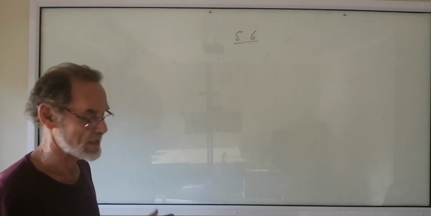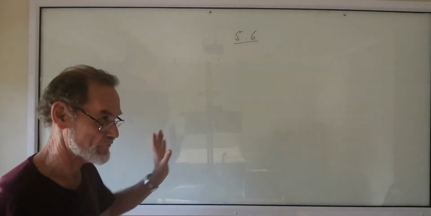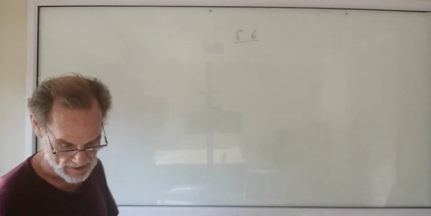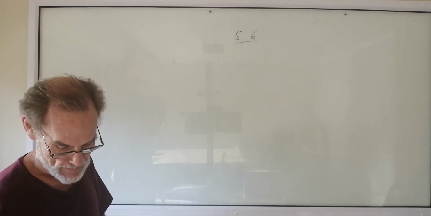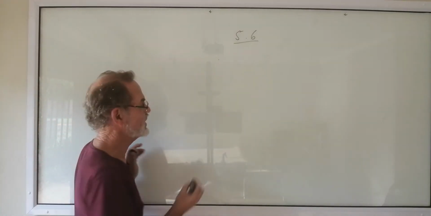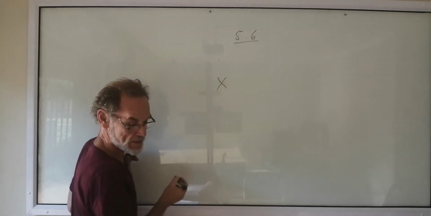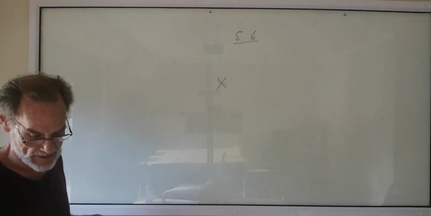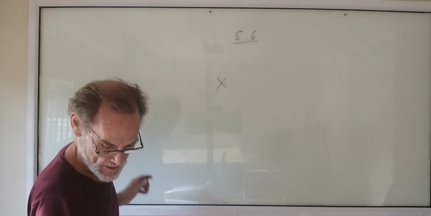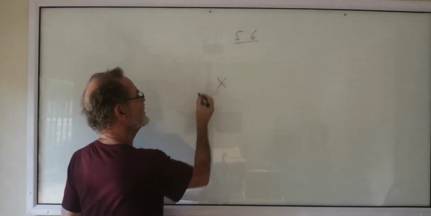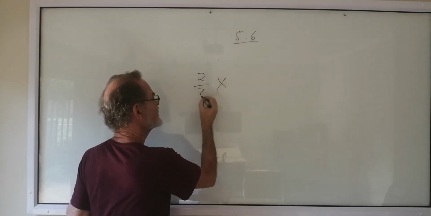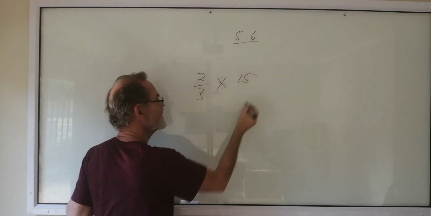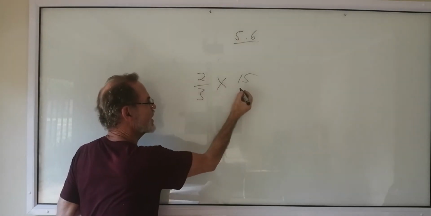You have to just realize a couple of things, and then I'm going to give you a few pointers to the exercise. What does "of" mean? We know by this time that "of" in mathematical language is multiplied. So 2/3 of 15 will be 2/3 times 15, and your 15 is at the top of the line.